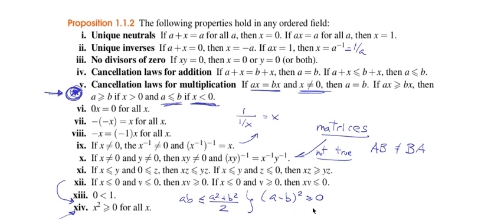We know that, right? Now we use the distributive law to expand this. We know that this is this, greater or equal than 0.